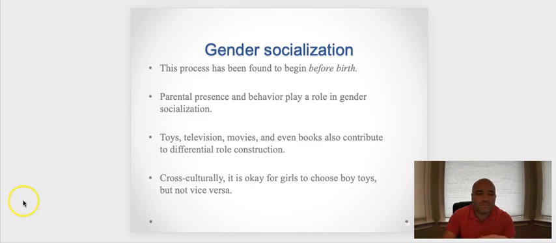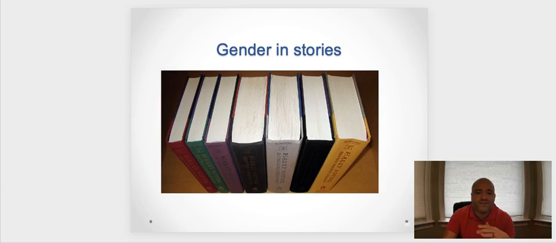When you look at gender in the media, and in this case we can look at the media for young children, which relies heavily on books, but this also holds true for television shows and movies.